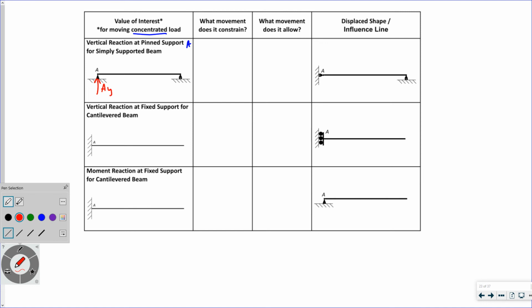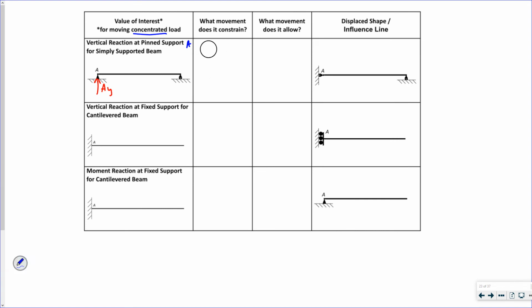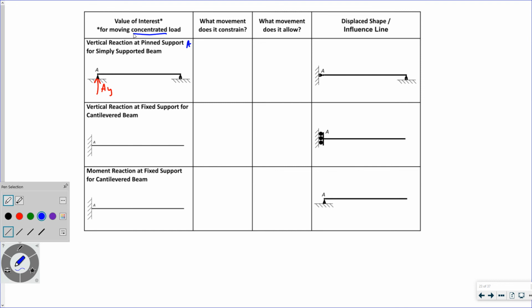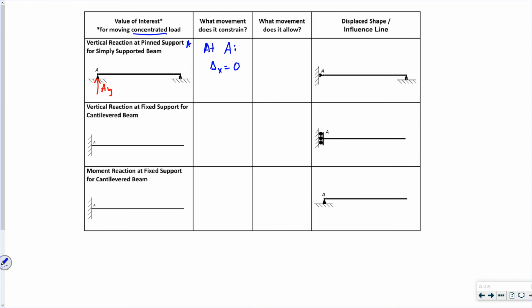What kind of movement does that pin constrain, right? Because of the pin, my deflection in the X direction is 0.